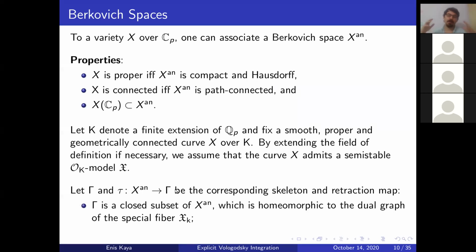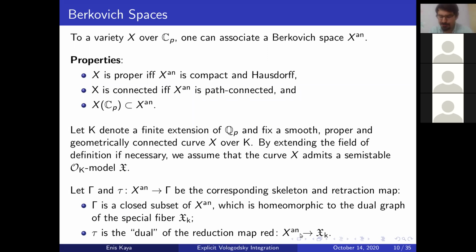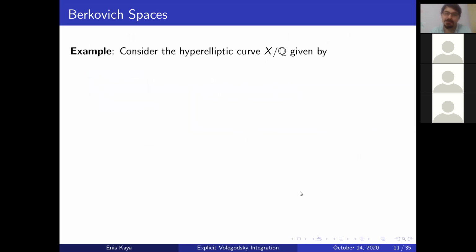Gamma is a certain closed subset in my Berkovich space, which is homeomorphic to the dual graph of the special fiber of my model. And tau is a kind of dual of the reduction map. So this reduction map is not very important in algebraic geometry, but it's very important in rigid geometry or Berkovich geometry.